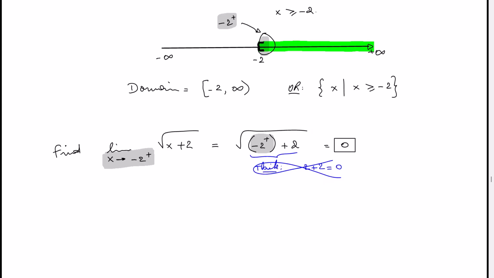I don't have to put 0 plus. I know the number is virtually 0. The only thing I have to be careful about is is it 0 or is it not real? And in this case, it turns out that if I plug negative 2 plus and add to it 2, this is similar to doing something like negative 1.999 and adding 2 to it. And the answer is going to be like 0.000 whatever, so I'm just going to round it to 0.